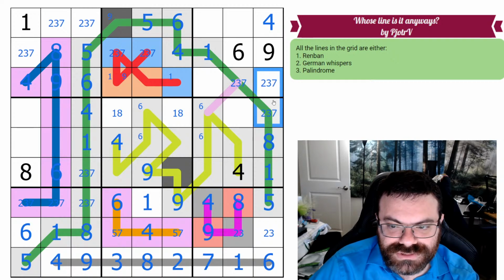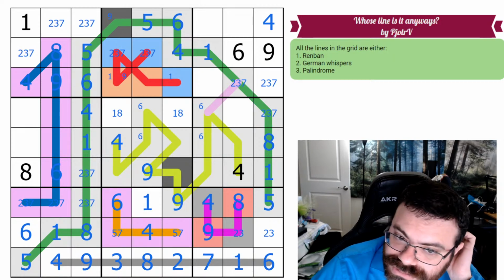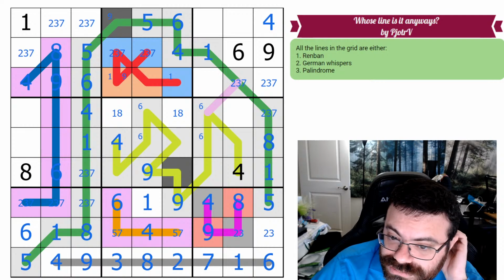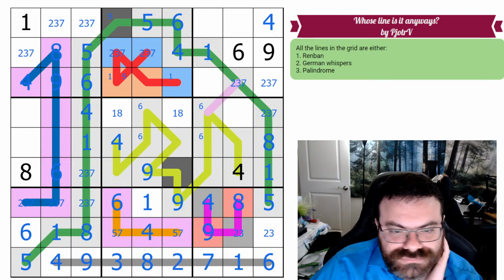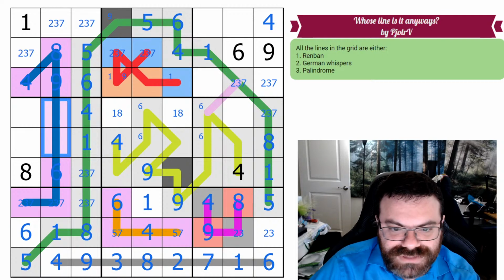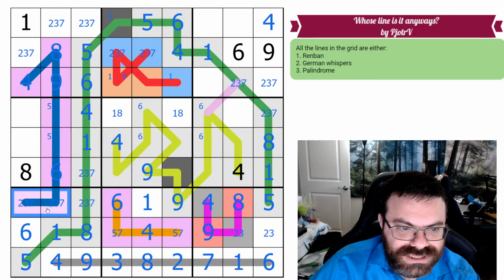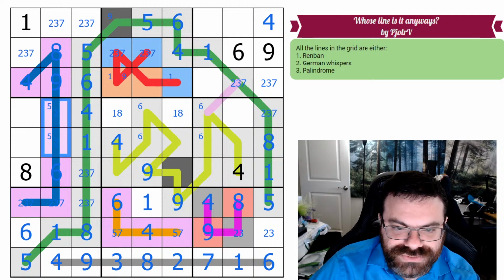So there's a 7 in one of these two. Okay, so we have to have a 5 in one of these two, because the Renban needs a 5. So we've got 2, 3, 7, 5 left on this Renban.